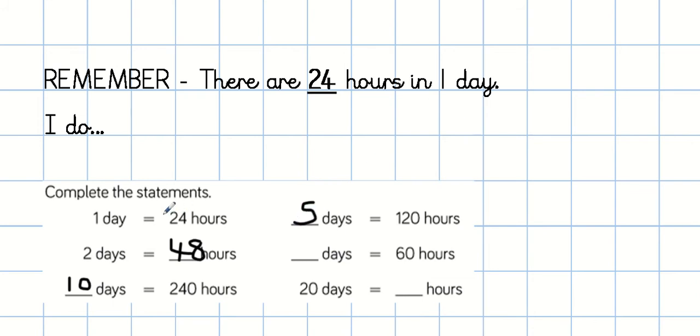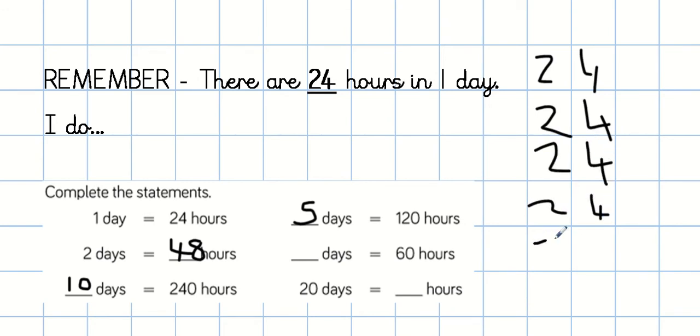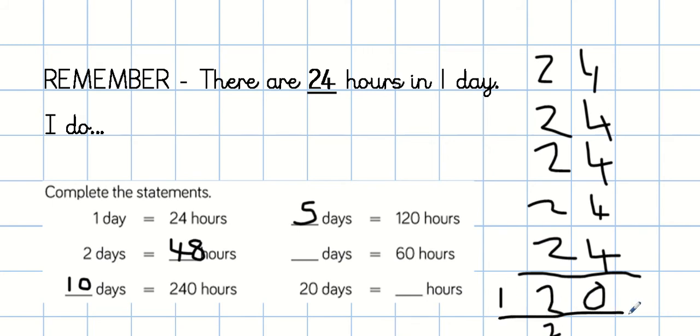Or we could have done 5 lots of 24. So 24 add 24 add 24 add 24 add 24. And if we added all those up, 4 add 4 add 4 add 4 add 4 equals 20. So 0, carry your 2. And then 2 add 2 add 2 add 2 add 2 and add this 2 at the bottom equals 12. 120 would be your answer.